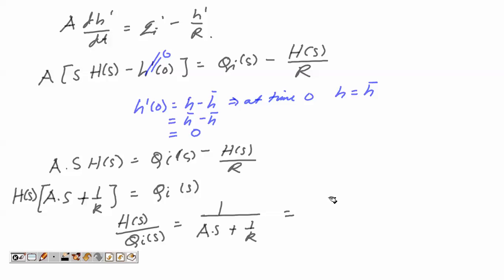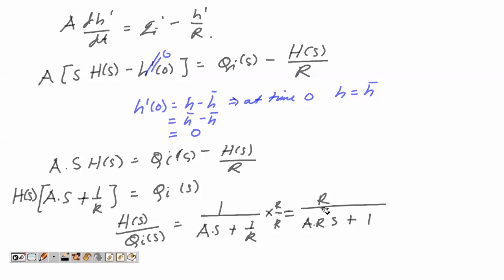This transfer function can be converted to the general form. If we multiply by R over R, meaning we multiply by 1, the value stays the same. So this form can be written as R over (ARs plus 1).